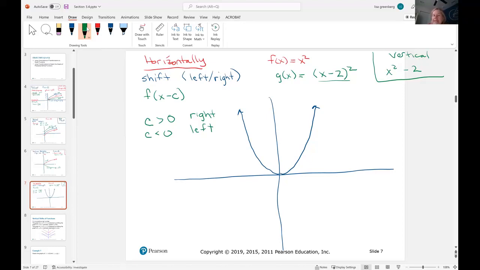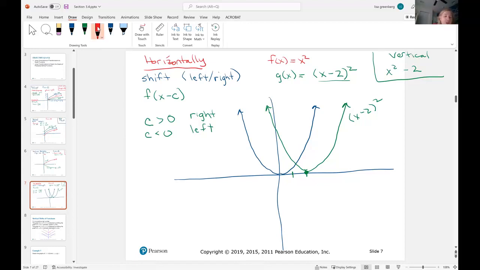For the one we're doing, it's inside the function, so it's affecting the x values. So what I'm going to do is just move this graph to the right. And it's not changing shape, even though it may look like it because it's freehand drawing, but this graph is x minus 2 squared.